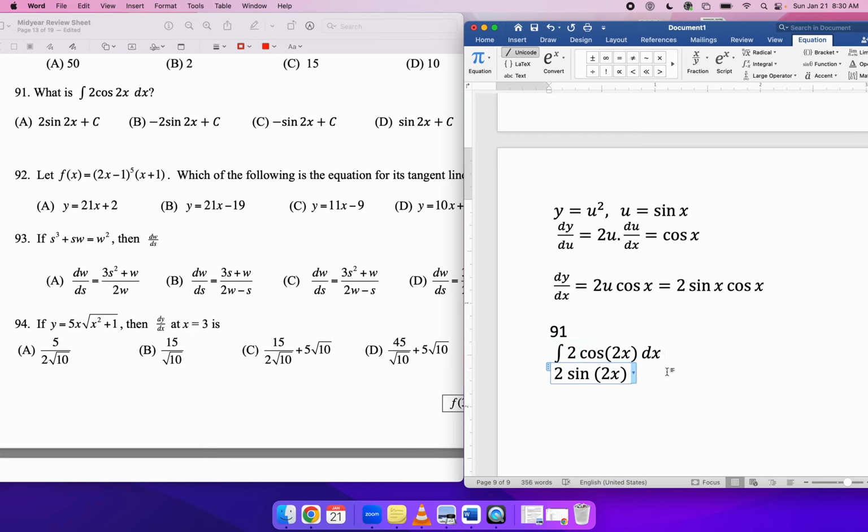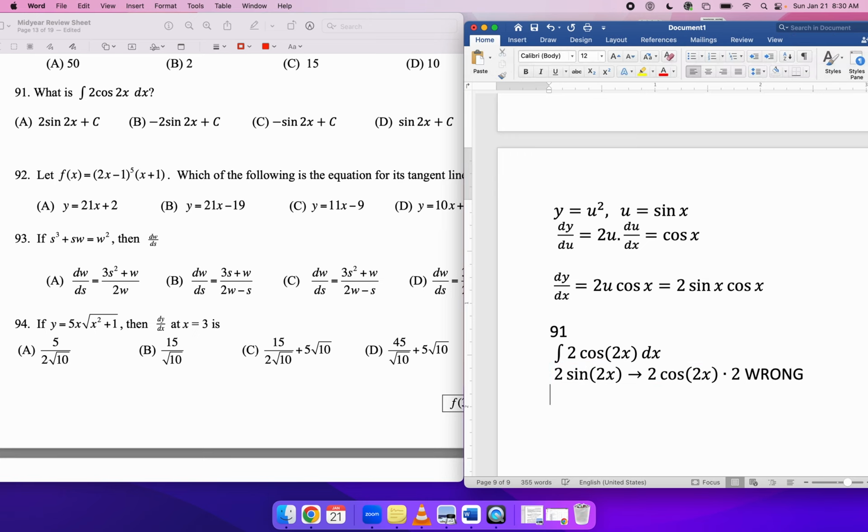But if you check this guess by taking the derivative, you'll see that it's wrong. If you take the derivative of this, you're going to get 2 because of this 2 right here. But then when you take the derivative of this guy, the chain rule is going to tell you cosine 2x times 2, and you actually have an additional factor of 2 that you didn't want.